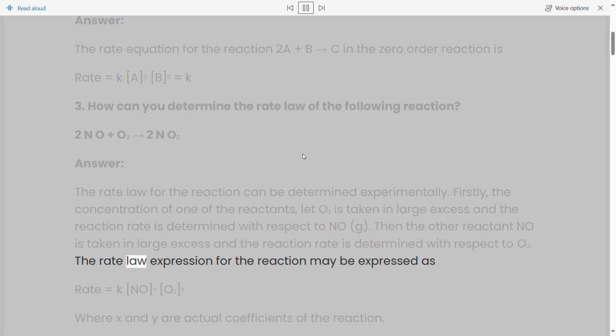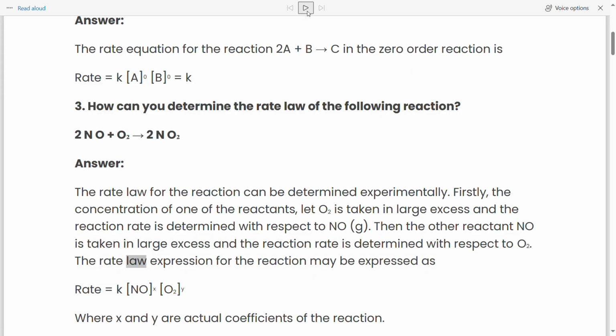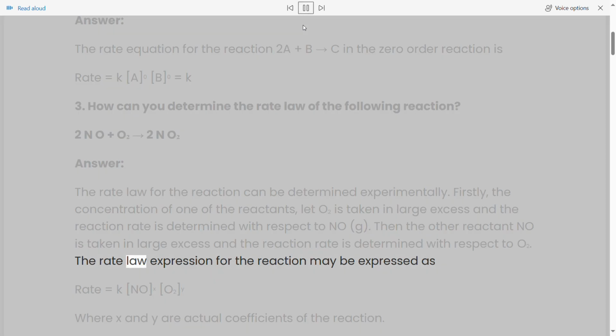The rate law expression for the reaction may be expressed as rate = k[NO]^x[O2]^y, where x and y are the actual coefficients of the reaction.